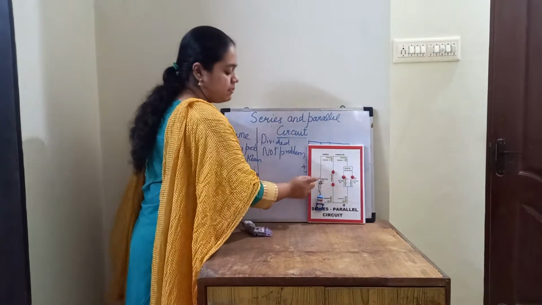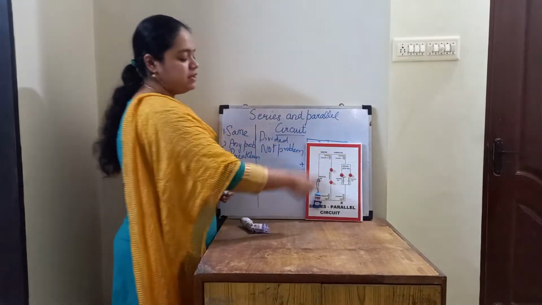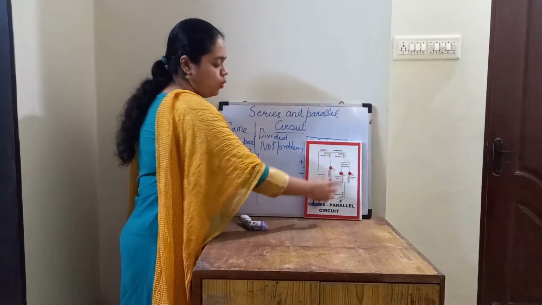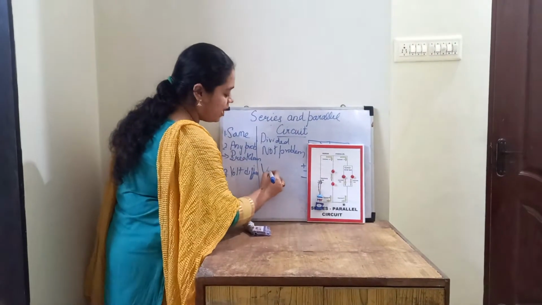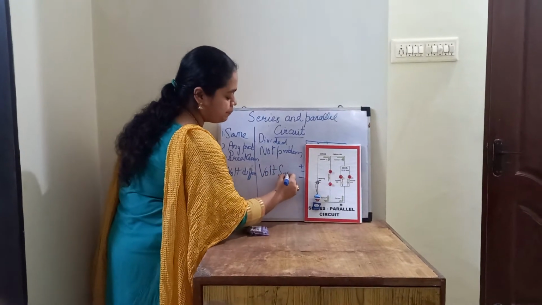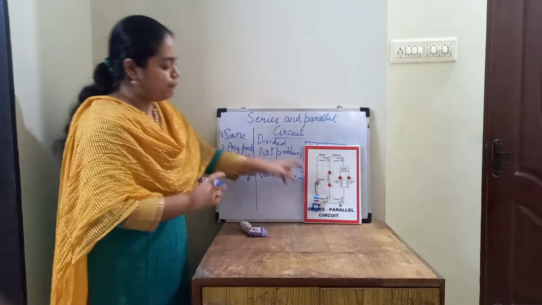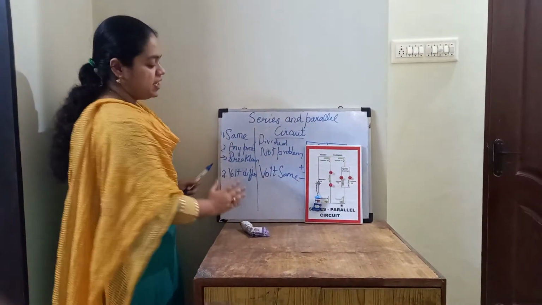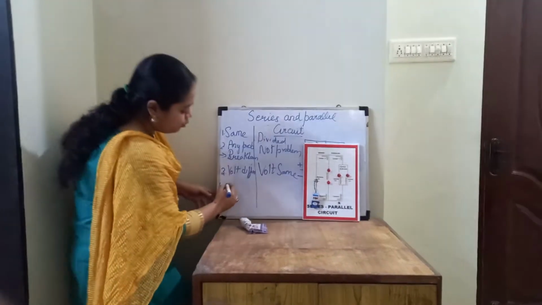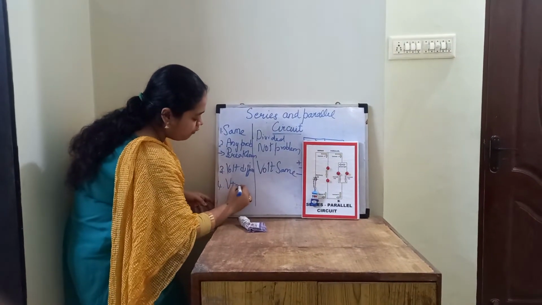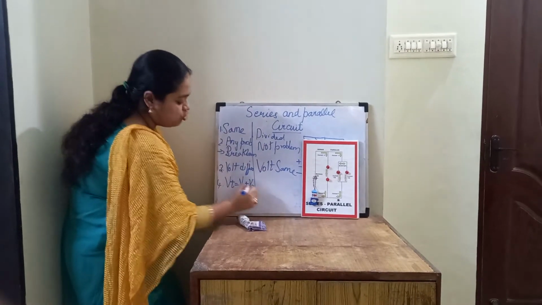For example, if I am giving 9 volts, 4.5 is given to one branch and 4.5 is given to the next. So, when you take the parallel circuit, the volts remain the same. And the last difference is, when you want to calculate the complete voltage of the series circuit, we find it with the formula Vt equals V1 plus V2.